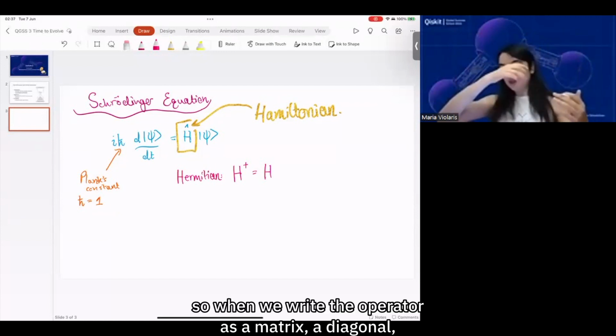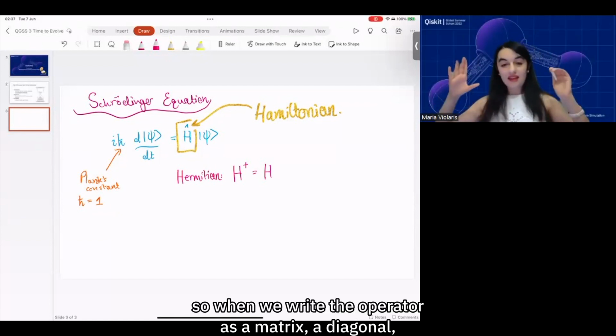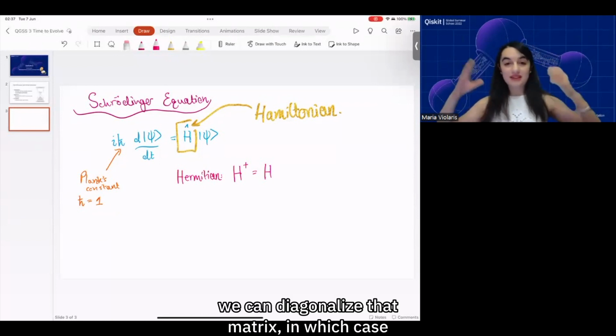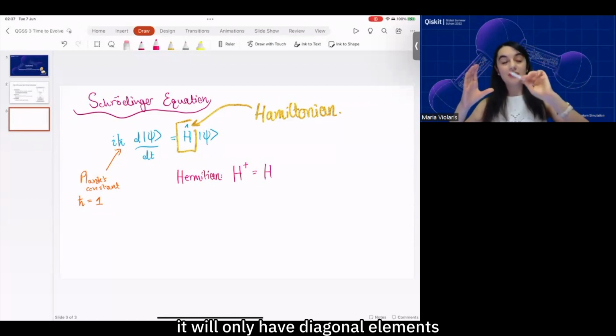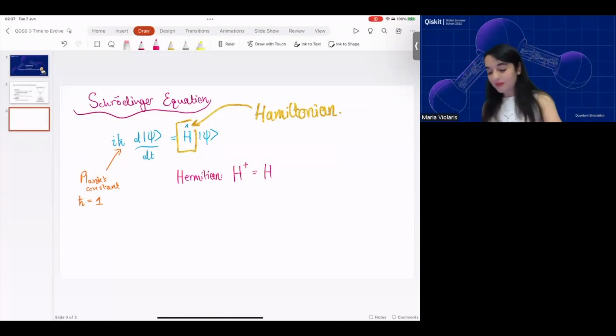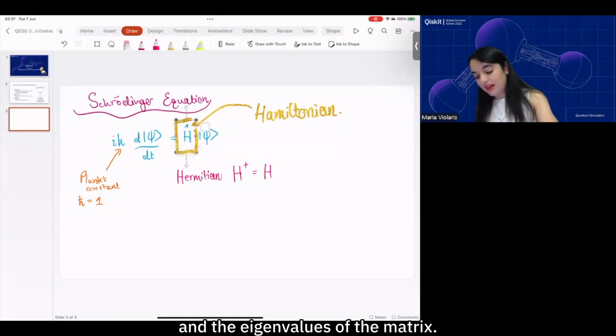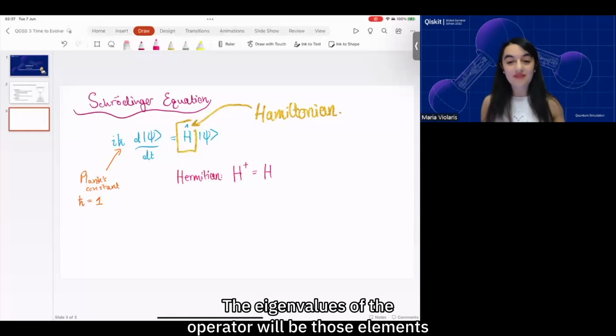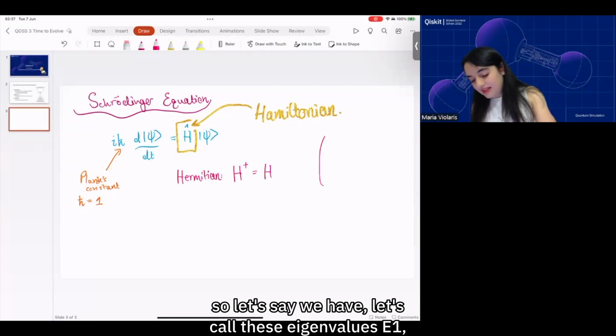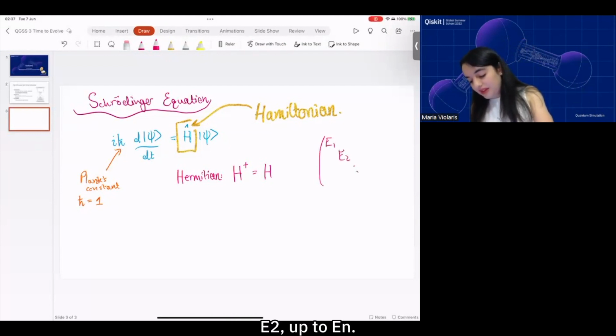So when we write the operator as a matrix, we can diagonalize that matrix, in which case it will only have diagonal elements, and the eigenvalues of the operator will be those elements. So let's say we have, let's call these eigenvalues E1, E2, up to En.